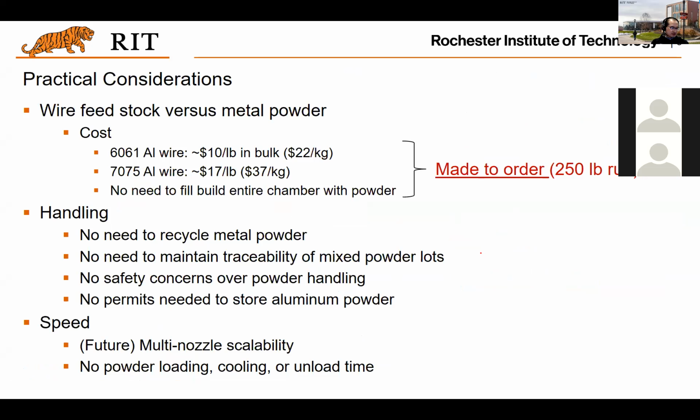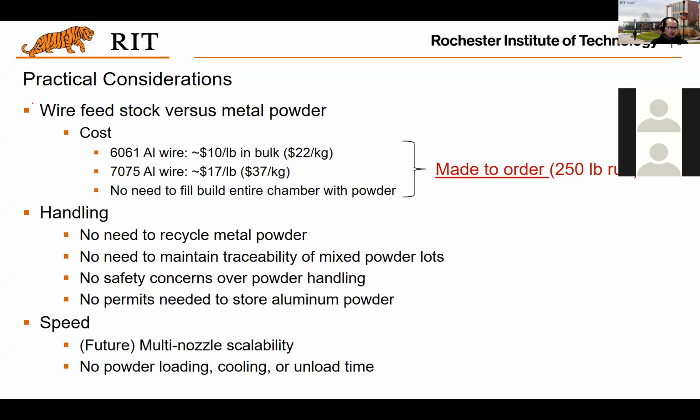Because there has already been quite a bit of metal printing process existing, but still we need this process.